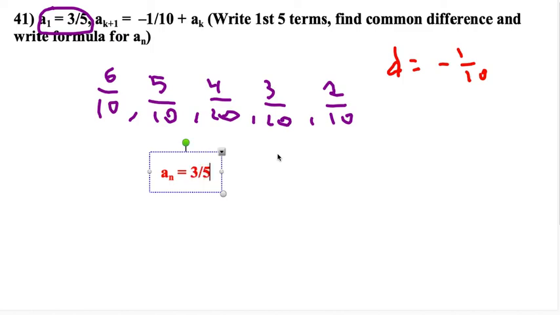I'm just going to go ahead and use 3/5 plus, and now I'm going to make this minus just to make my life a little easier. The reason I'm making it minus is because my common difference is 1/10. So then times 1/10. And that would be the formula for a sub n.